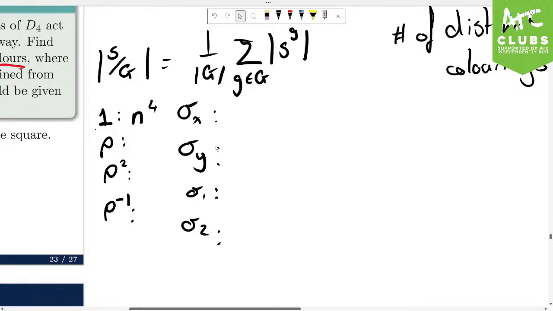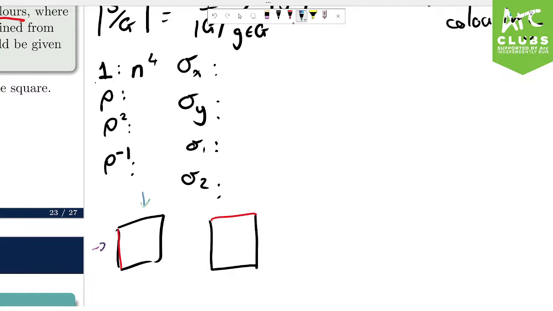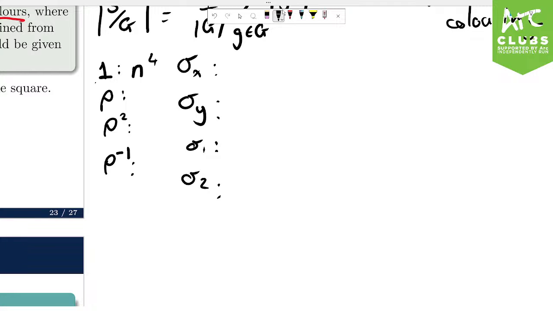Now for the 90-degree rotations, say we have a side here; it gets rotated to the next side, so these two sides have to be the same color, and this side, when rotated, turns here, so these two sides have to be the same color, and so on. So all 4 sides actually have to be the same color, and you only have n choices of colors.